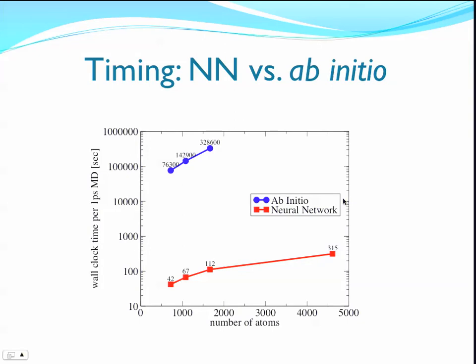And finally, let me tell you about the timing, how much faster the neural network performs versus direct ab initio simulation. Here I plot the time required to obtain 1 picosecond of molecular dynamics simulation. As you can see, in the region of several thousands of atoms, the neural network is approximately 3 orders of magnitude faster than ab initio simulation.